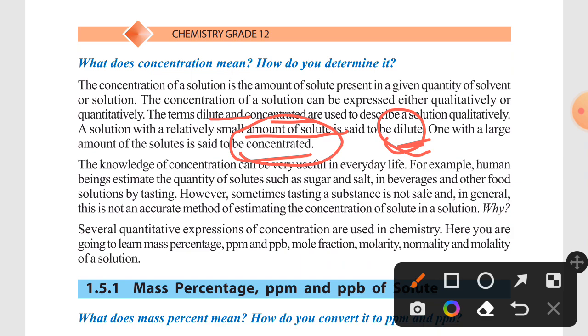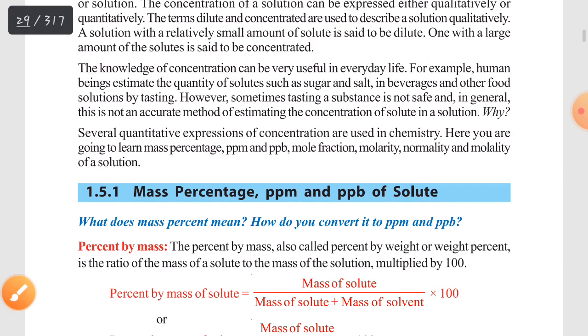Whether we call it dilute or concentrated depends on the amount of solute. The knowledge of concentration can be very useful in everyday life.